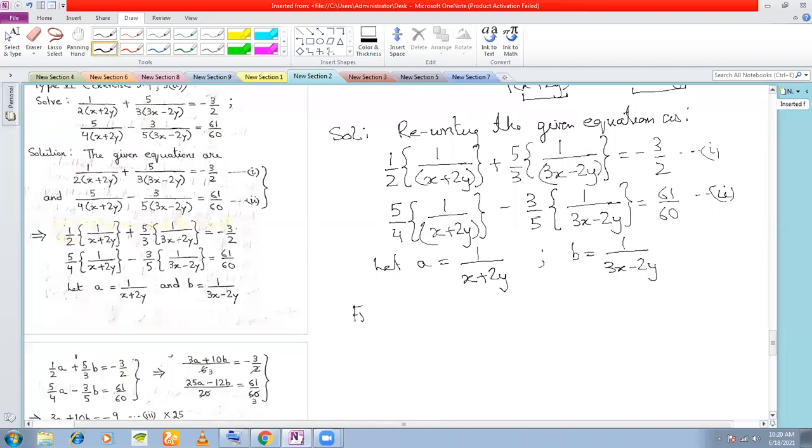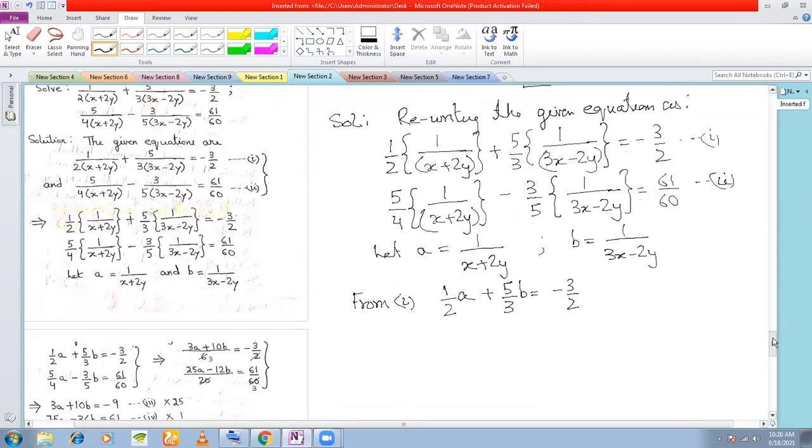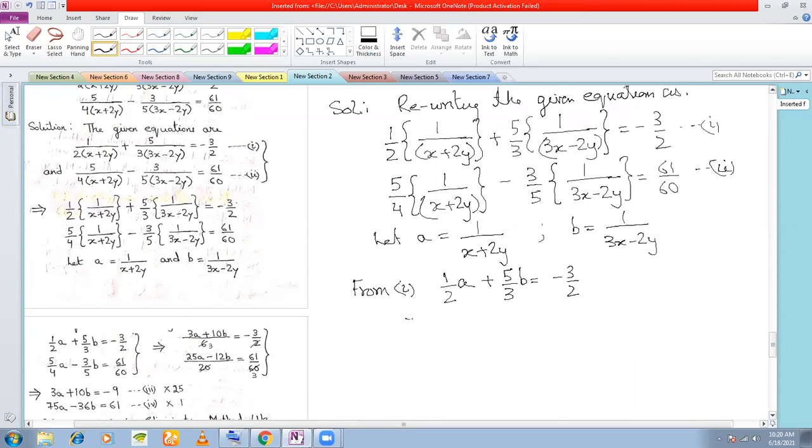Therefore, from 1, what do you get? From 1, you get half a plus 5 by 3 b is equal to -3 by 2. Now you simplify this. You take the LCM, 6, so you get (3a + 10b) on top, over 6, is equal to -3 by 2.